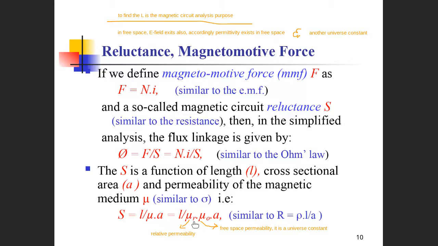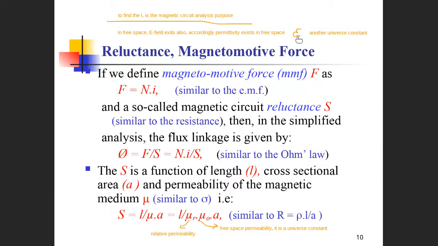Permeability is very big. Similar to the magnetic field, for the electric field in free space, we also have the permittivity. So magnetic permeability and electric permittivity exist in free space. This also represents the capability to allow the electric field to go through a given material. So in free space, we have epsilon zero, another universe constant.